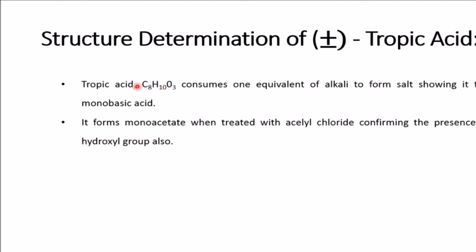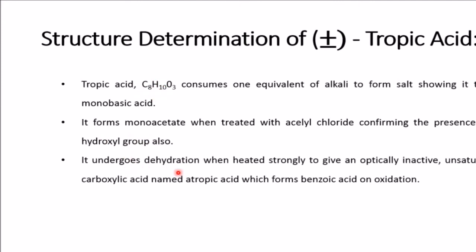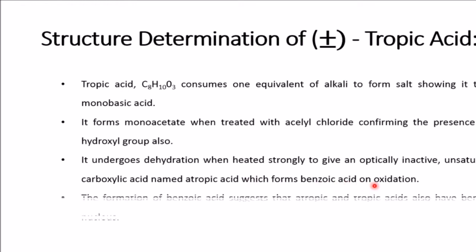It undergoes dehydration when heated strongly to give an optically inactive unsaturated carboxylic acid named atropic acid, which forms benzoic acid on oxidation.